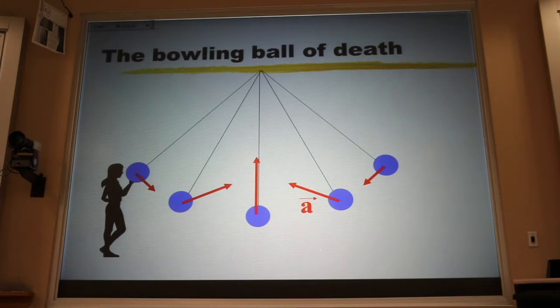And so there are some problems that you can solve both ways. They will be easier with the energy approach. But there are other problems like this one here. If I were to ask you how fast is the ball going at the bottom of the swing, that would be trivial using energy. You would not be allowed to use the kinematic equations. They are not valid because the acceleration is not constant.